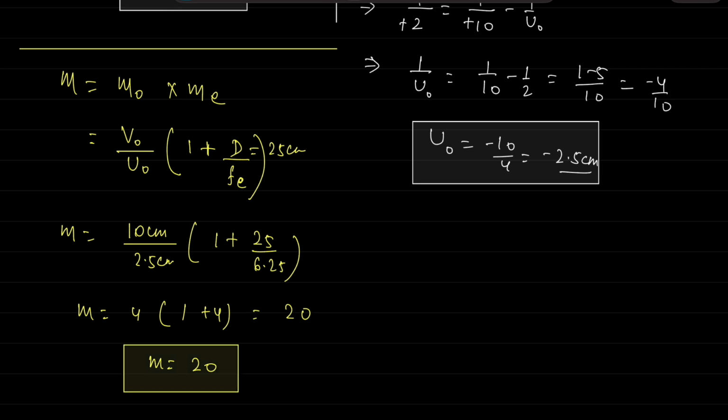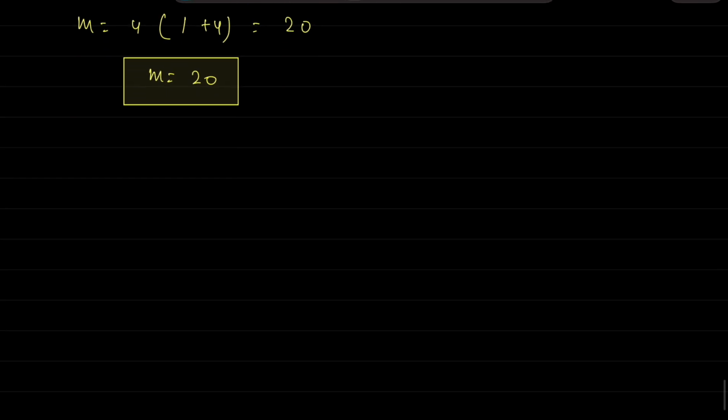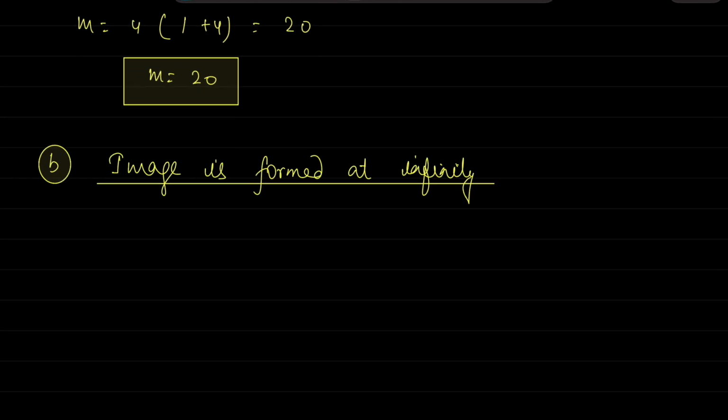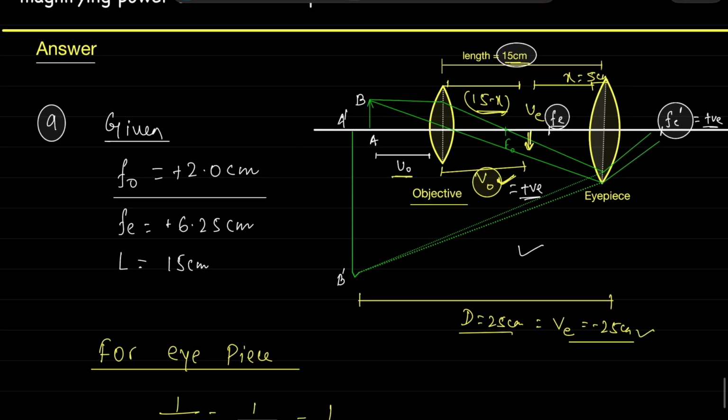Similarly, we will solve the B part of the question where the image is formed at infinity. So here our VE will be infinite. Here we can see what changes we are going to make in the figure. Previously you noticed that the image is formed at this point and this distance was 25 centimeter. Now this distance is moved to infinity, meaning these two rays are parallel.